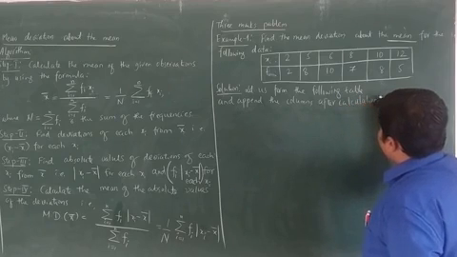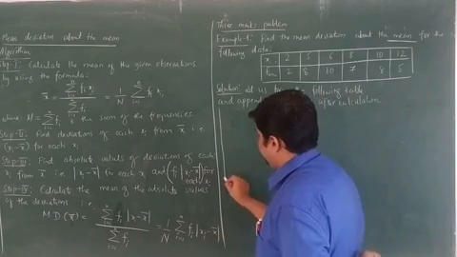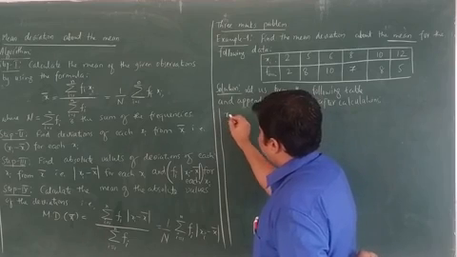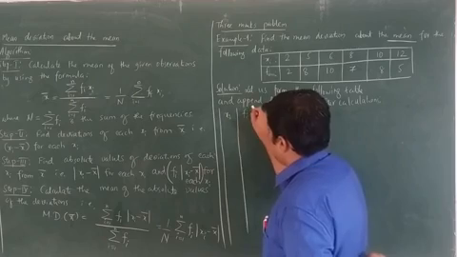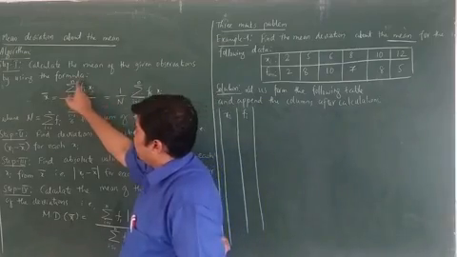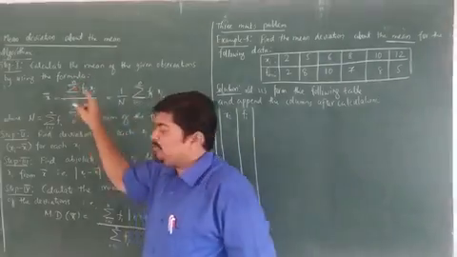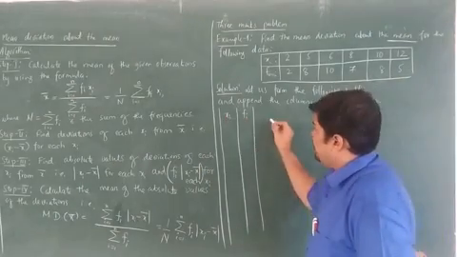After calculation. First of all, your task is to write the given data points in the first column and their corresponding frequencies in the second column, and as we have indicated, your task is to find these terms for each observation with respect to the given frequency.